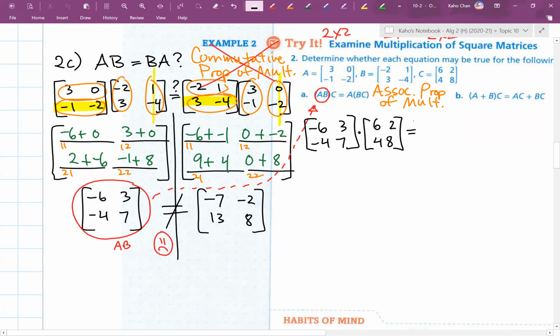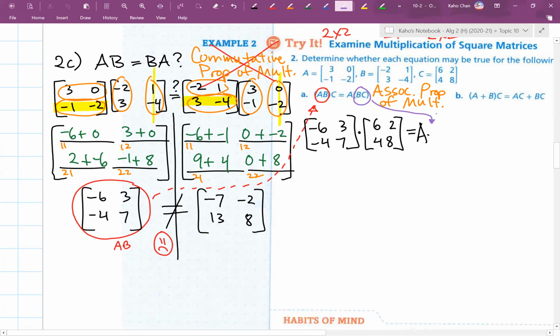BC, oh, I don't have BC yet, so I do need to do that. So I better do the BC first over here. So forgive me if I kind of cram, and I'll put on A times the BC over here.